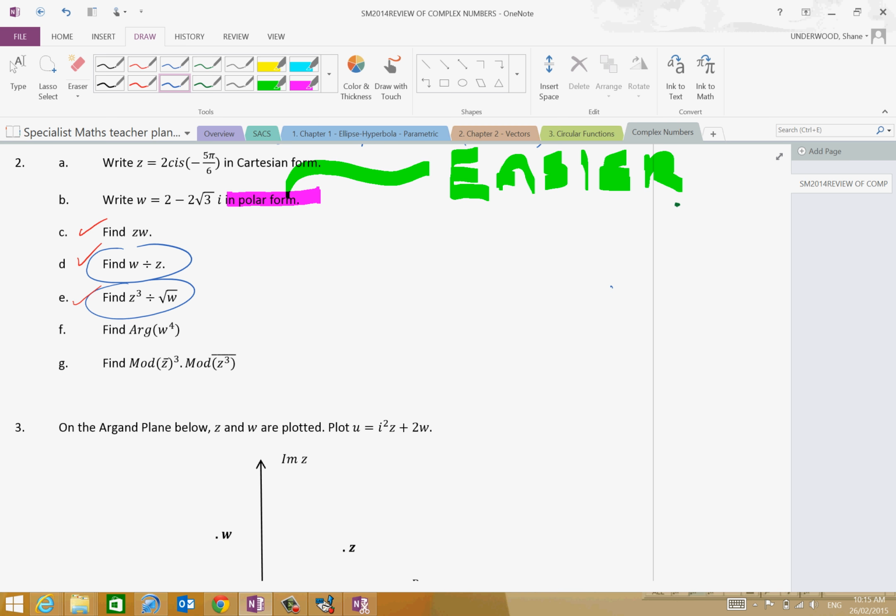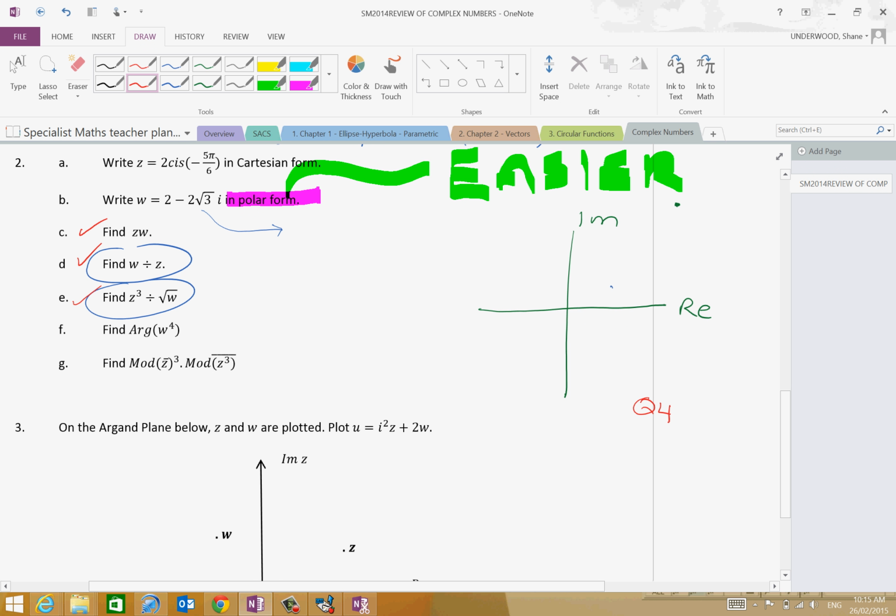Now, ZW. We agreed that ZW is whatever in Cartesian form, but we have to find W in polar form. So let's do that, but of course we've got to draw an Argand diagram first. We've got our real axis and our imaginary axis, and our real is positive and our imaginary is negative. So we are in which quadrant?